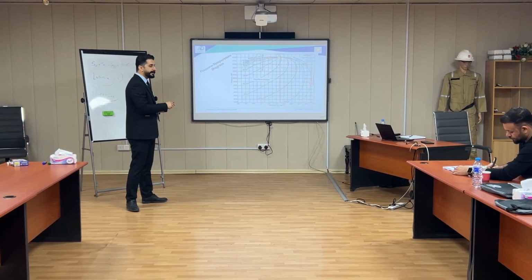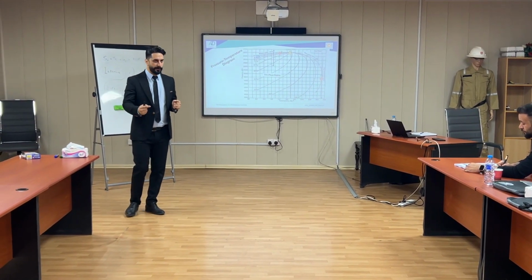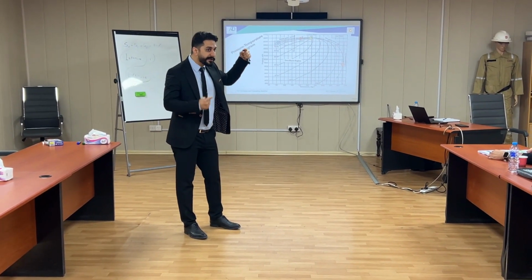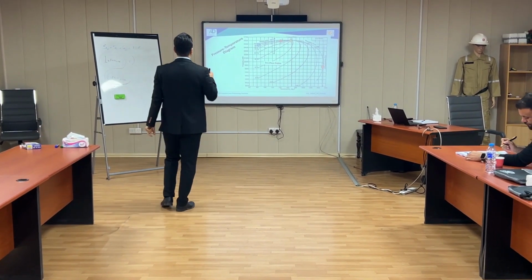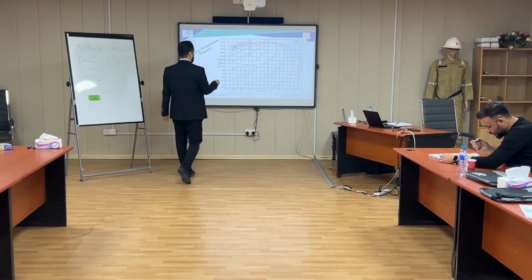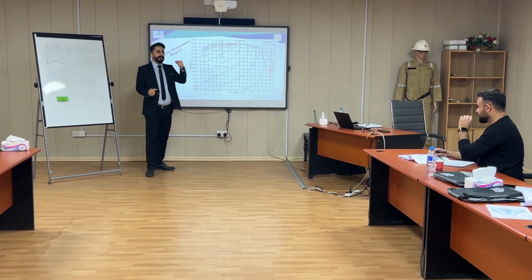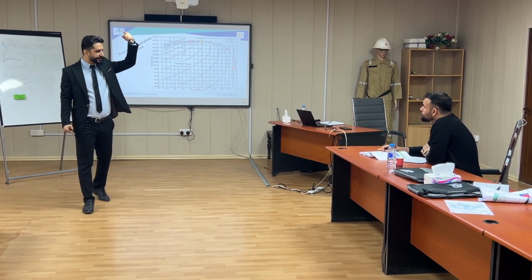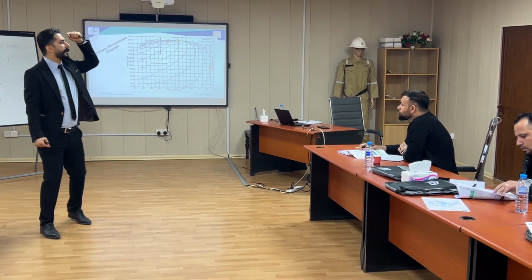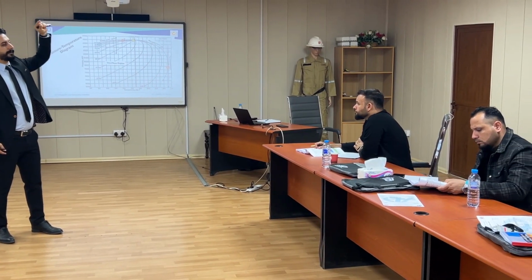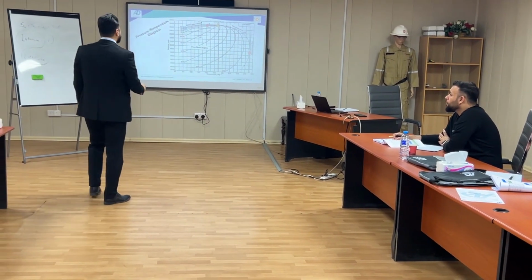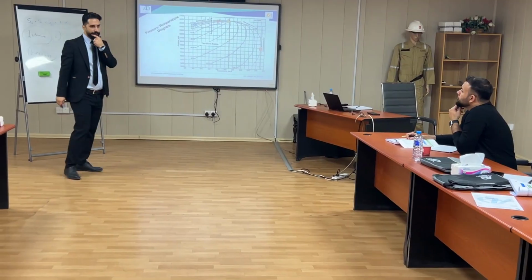So point D is called Cricondenbar, and this is the highest pressure at which liquid and gas can be available. So if we find a pressure higher than Cricondenbar pressure, we can say that always that fluid is in liquid situation. Got it? Did you get it? That's why point D is important for us.